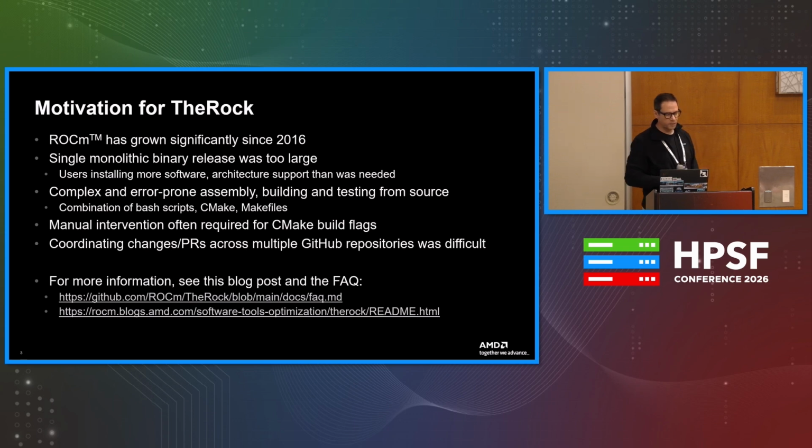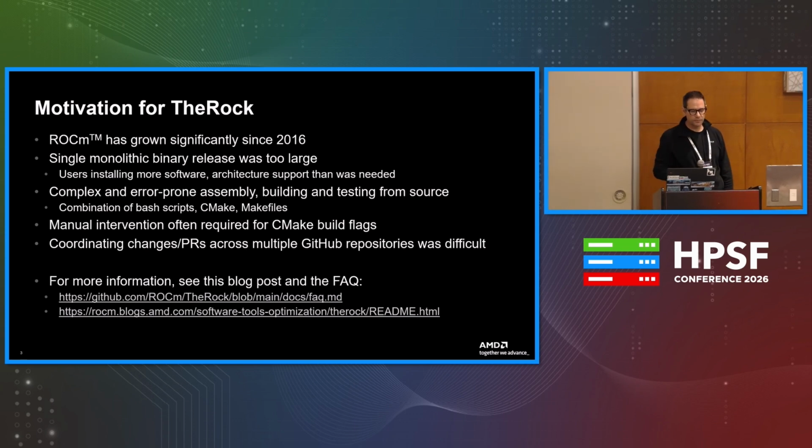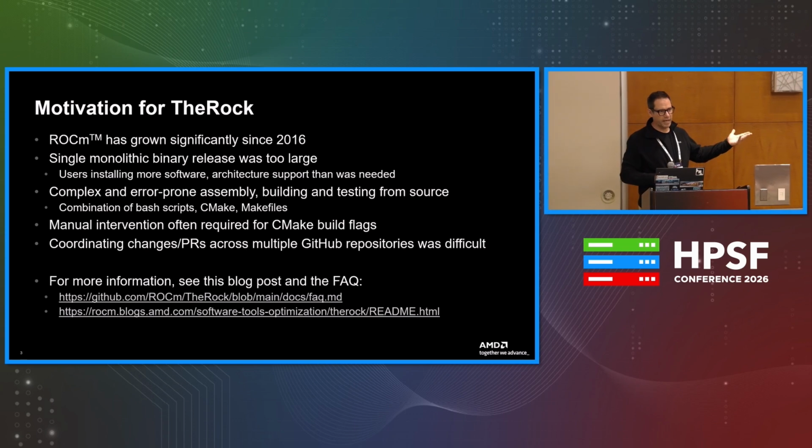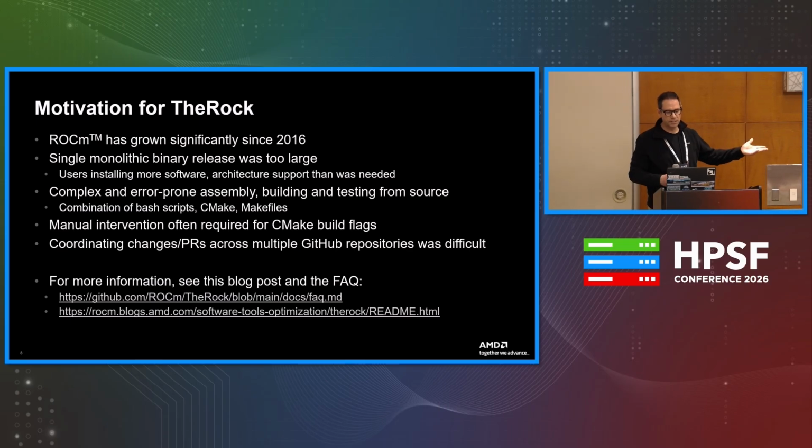And for those who were trying to build it themselves, it was kind of complex and error-prone to pull packages from multiple locations and build them and test them from source. It was a combination of bash scripts, a combination of CMake and make files, and this is also true when trying to build the binaries for release. In some cases, it required manual intervention for some of the CMake build flags.